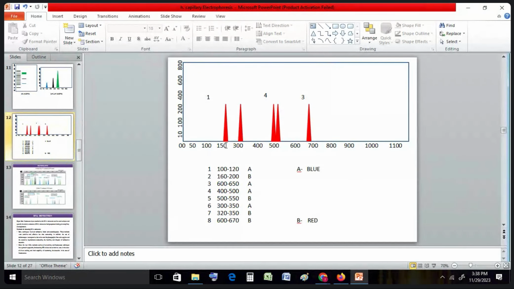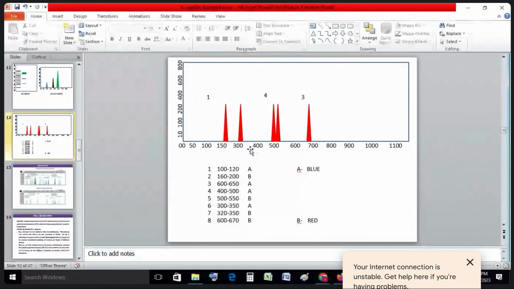For example, here you can see 1, 2, 3, 4, and 5 peaks. In the case of DNA fingerprinting, you know that for a heterozygous locus you should have 2 bands or 2 peaks, and for a homozygous locus you should have a single peak.